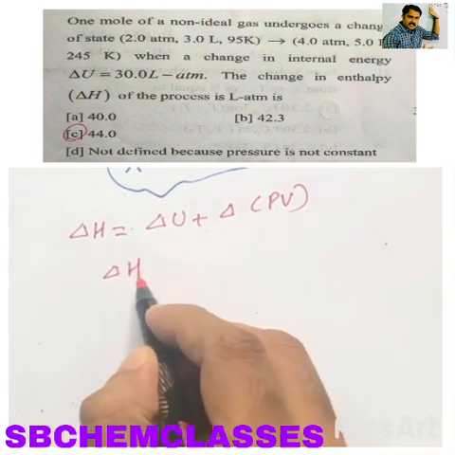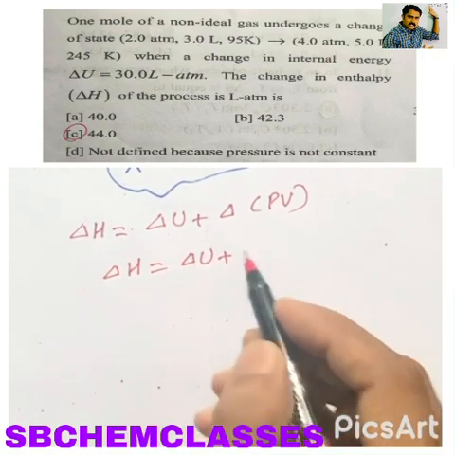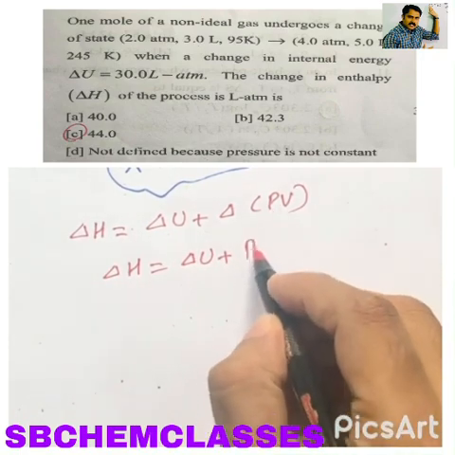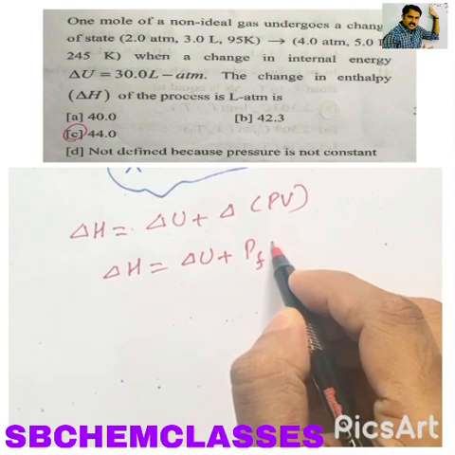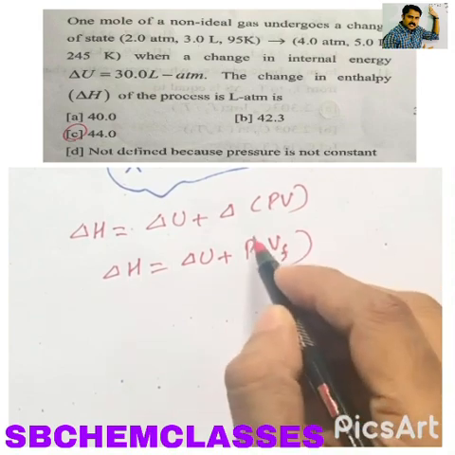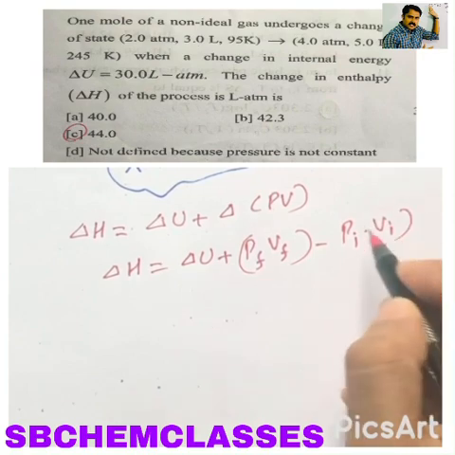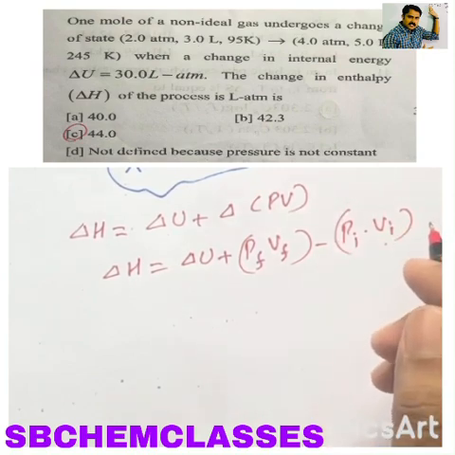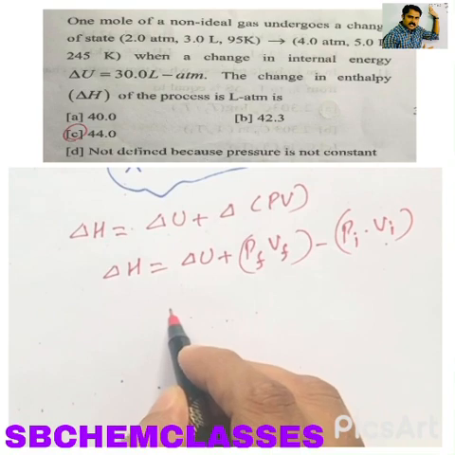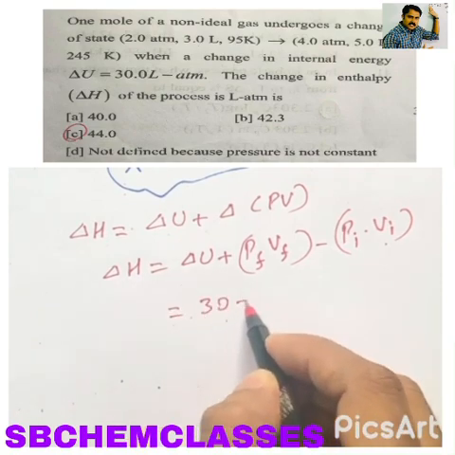This is the equation because both the pressure and volume change. Delta PV can be written as final pressure into final volume minus initial pressure into initial volume. So we can directly calculate. Delta U is 30.